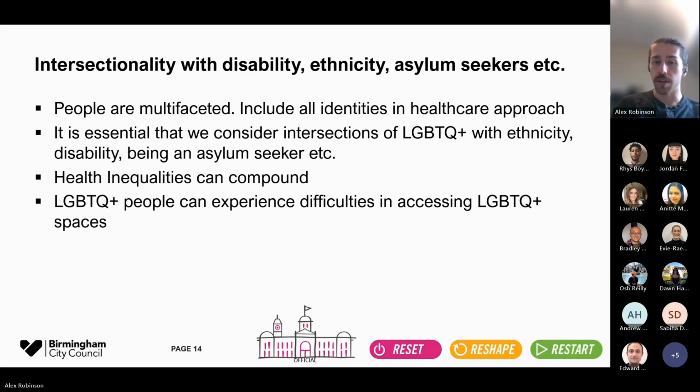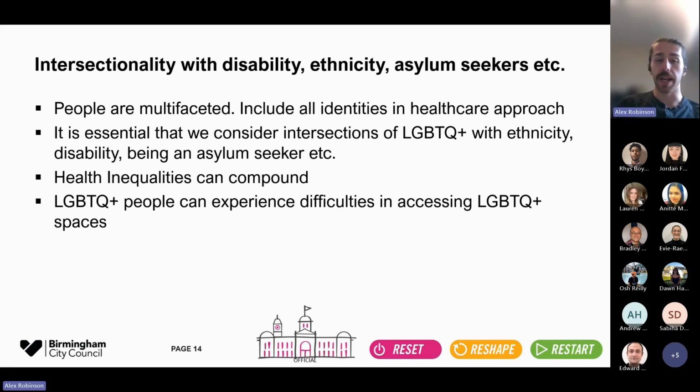Furthermore, the intersections between being LGBTQ plus as well as an asylum seeker or from a minority ethnic group can lead to compounding of minority stress that has significant impacts on health, particularly mental health.